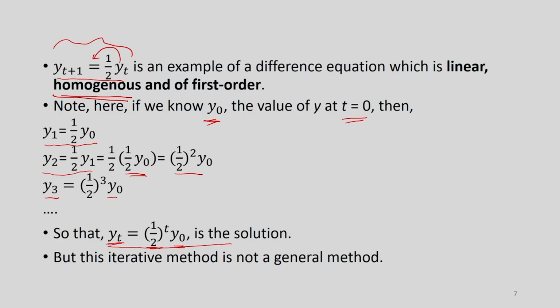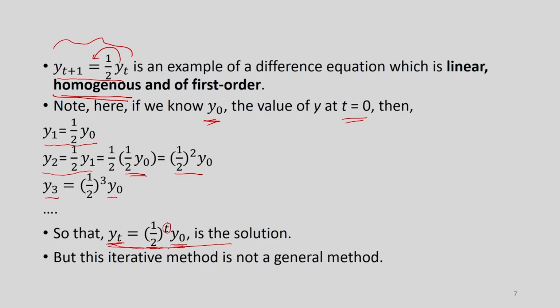So, this method is the iterative method of finding y t, finding y t as a function of the constants and time, right. So, you can see here that on the right hand side there is no term involving y t or y t plus 1 or y t minus 1. Only thing we have is a constant y0, and here is also another constant half and time, right.